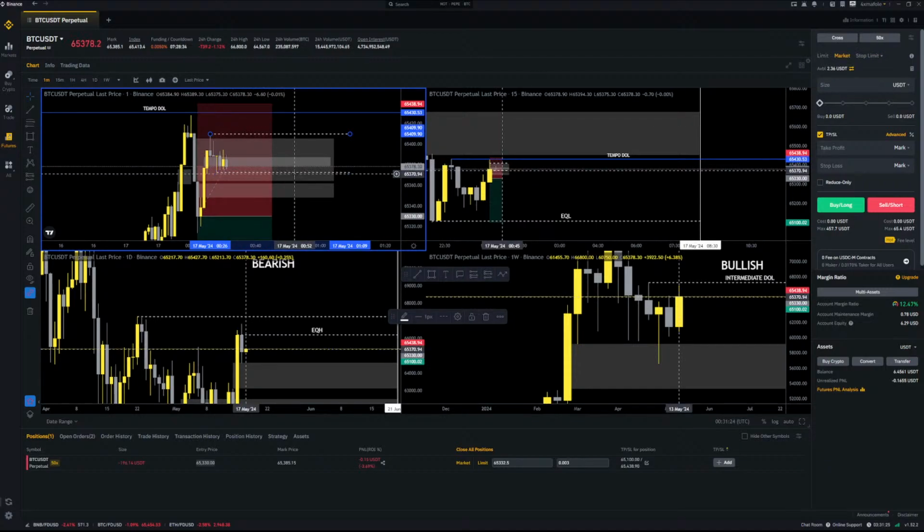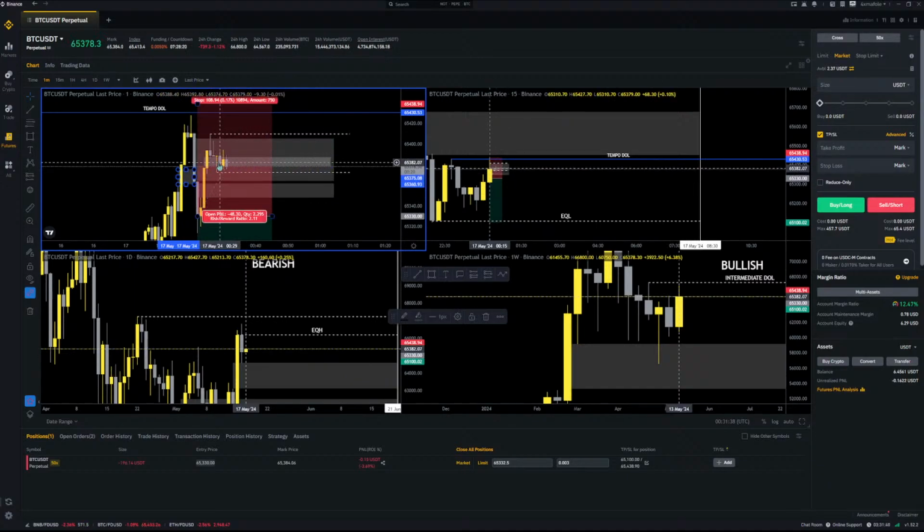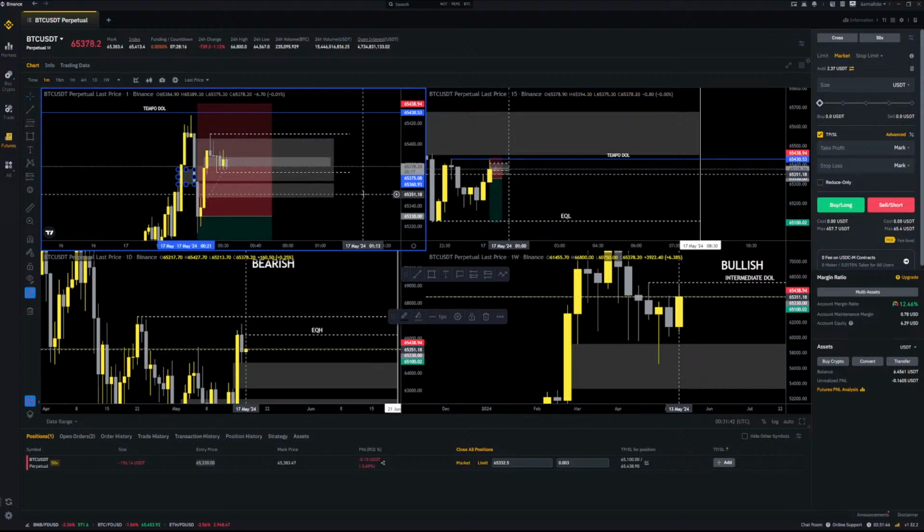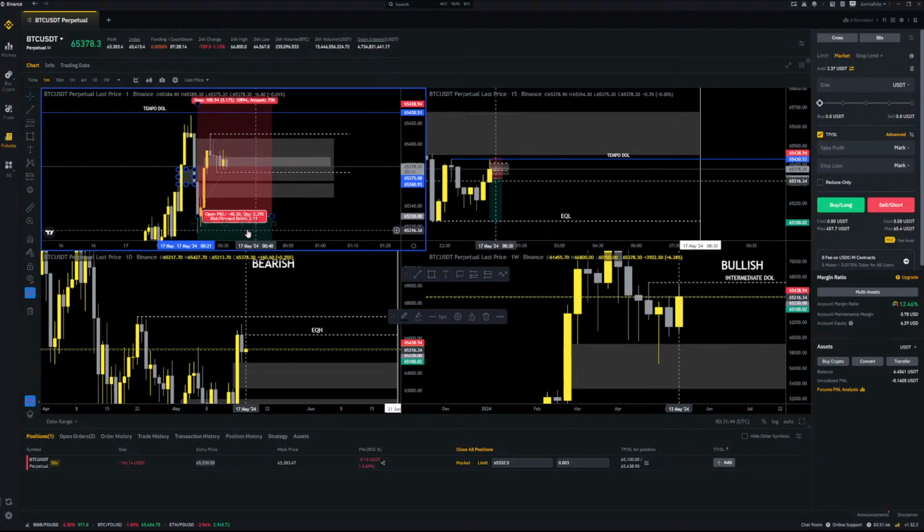I guess it might seek this liquidity before pushing higher, or it might come onto this fair value gap right here, to which we have another BPR. We have a lot of BPR right here. Like there is here. Okay, that was here, which supported the price actually, that's pretty nice, so obvious.